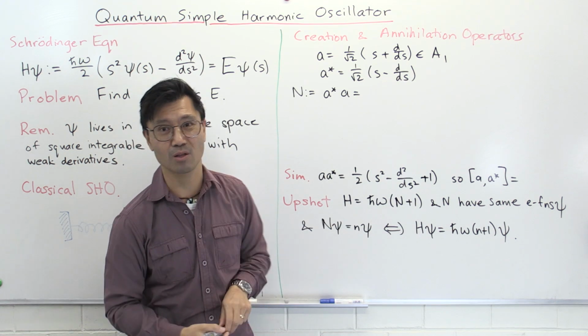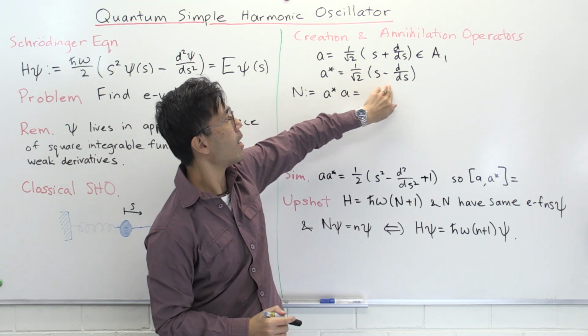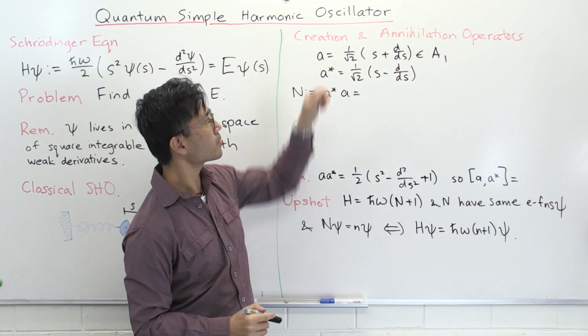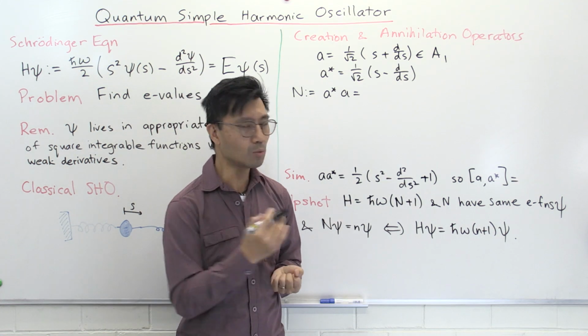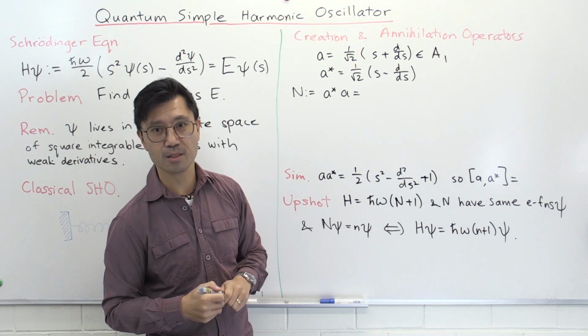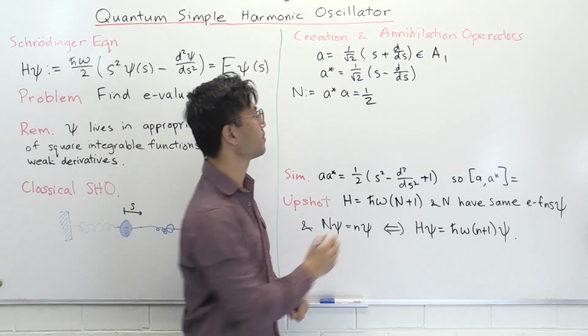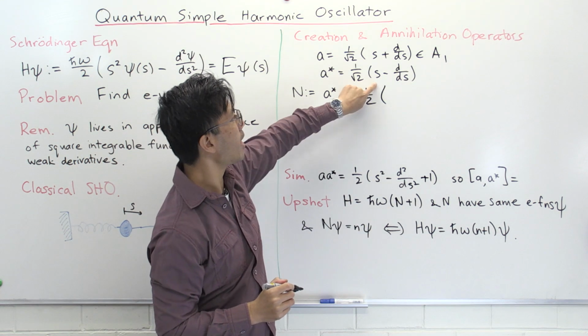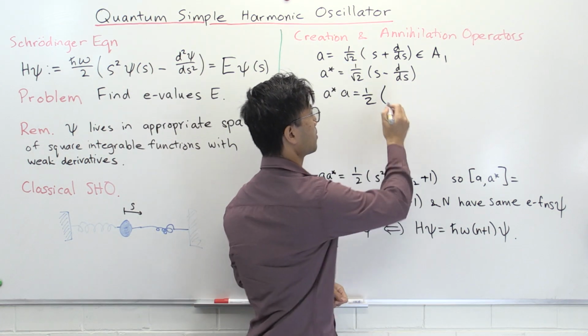So let's just see what happens when we multiply those two together. It's quite interesting, the result. We have a star times a, so we're looking at this one times this top one. The 1 on root 2 times the 1 on root 2, that constant will commute through everything. It's an algebra over the complex numbers, this first Weyl algebra, so we can just multiply the two constants to get a half. Then you'll have an s times s, that's an s squared that you see here too.